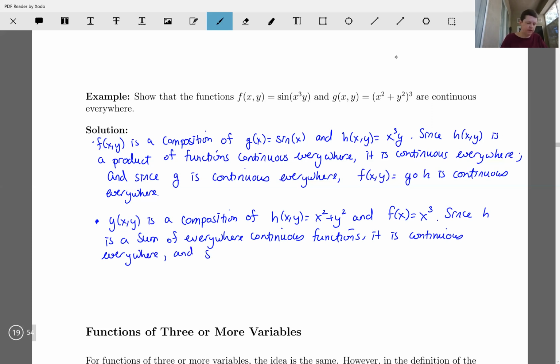And since f is continuous everywhere, g, which is the composition of f with h, is continuous everywhere.